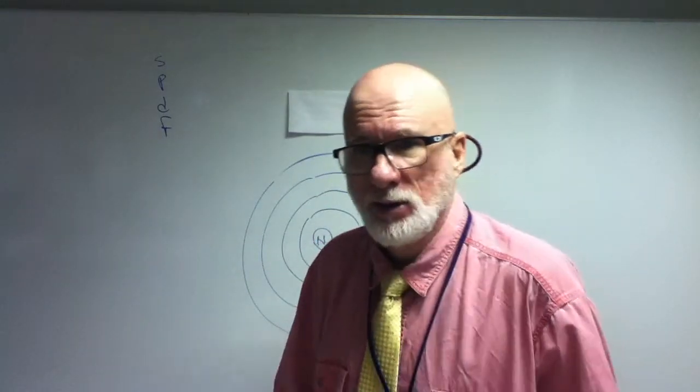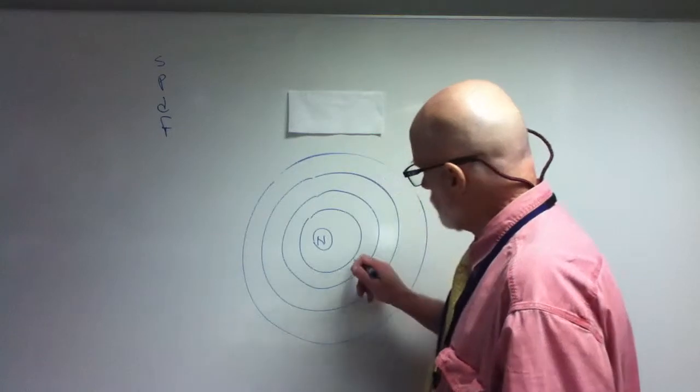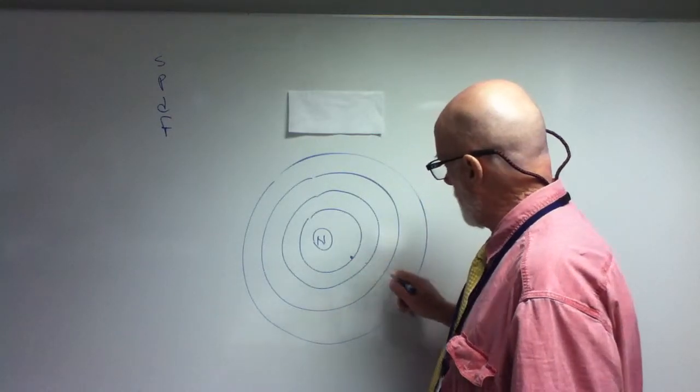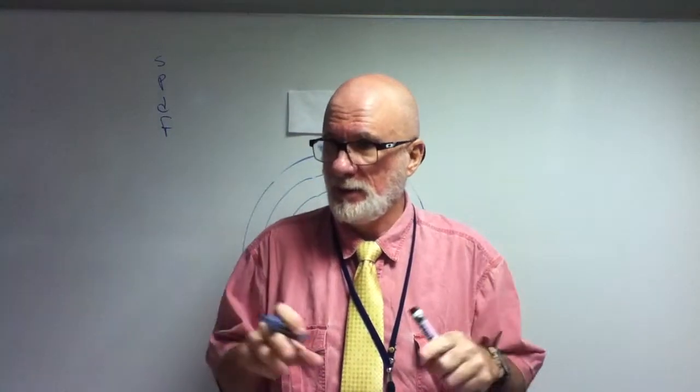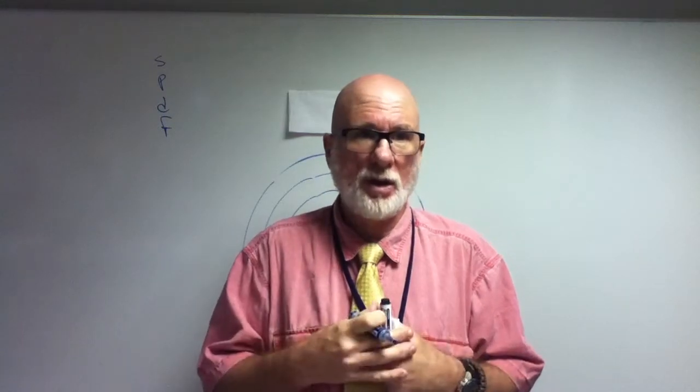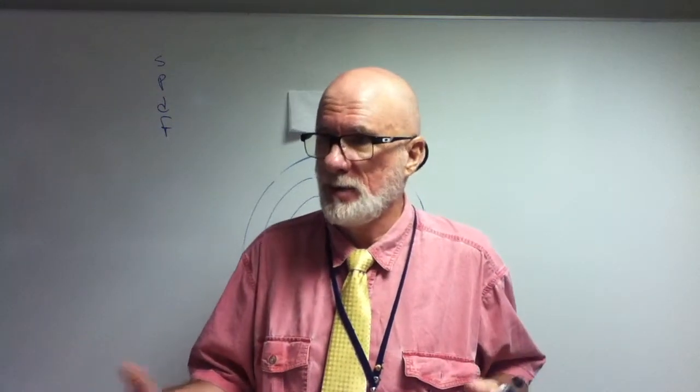Correct? Yes? Now, what modern atomic structurists say is that you can look at it this way, that each one of these orbits was made of sub-orbits. Yes? They're made of sub-orbits. So the larger orbit, we're going to call the principal orbit, the principal level.